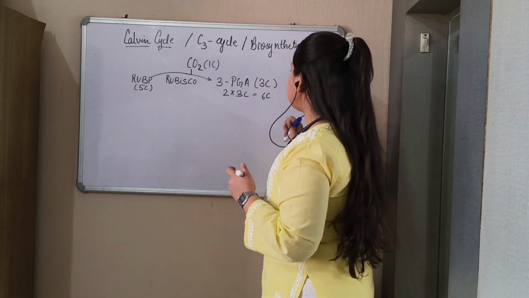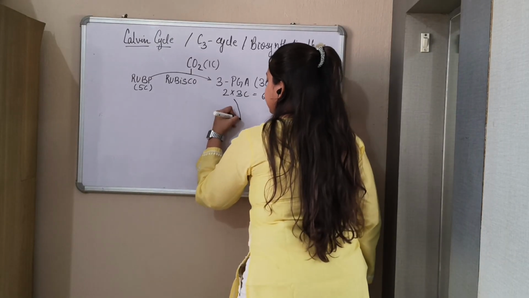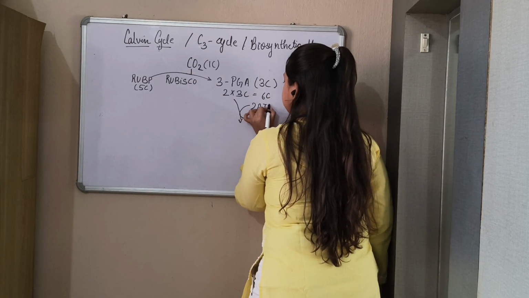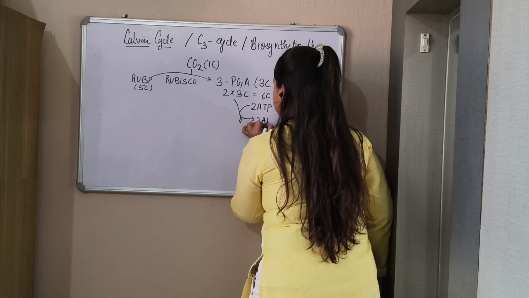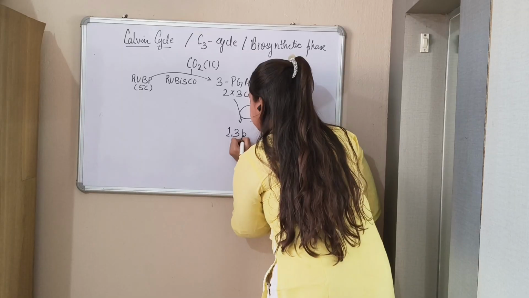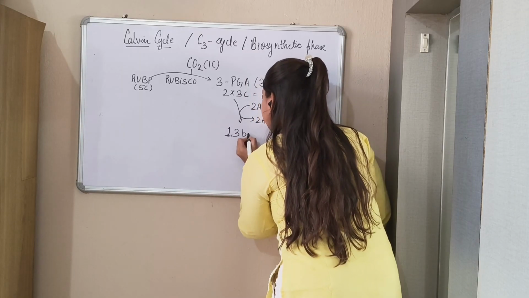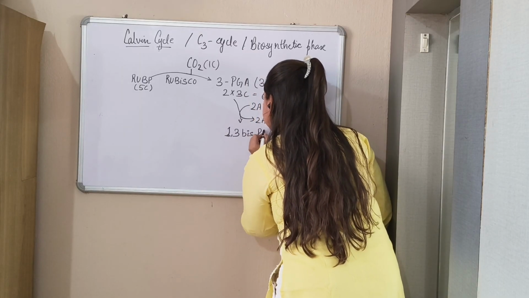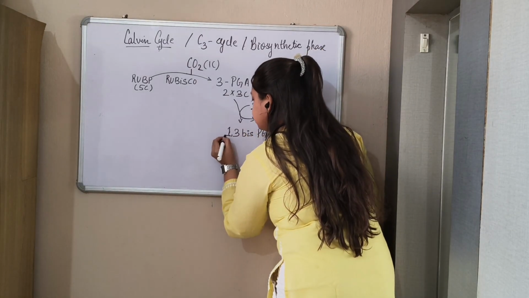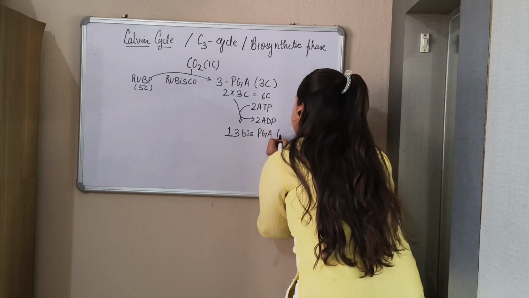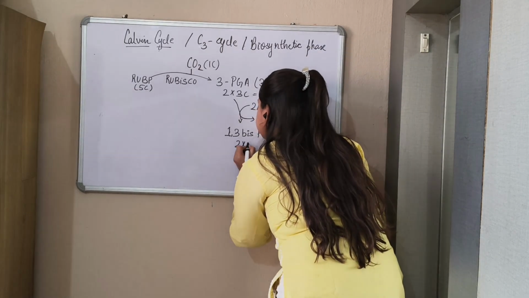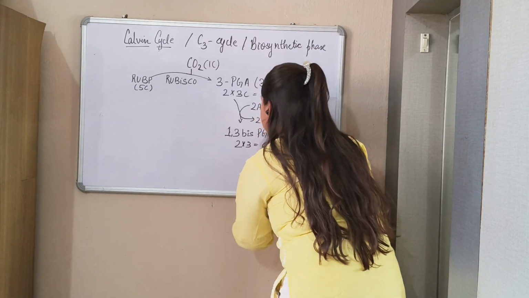Now, the 3-phosphoglyceric acid that is formed will utilize two ATP molecules to form 1,3 bisphosphoglyceric acid. Again, this is a 3 carbon compound, two molecules of 1,3 bisphosphoglyceric acid, so this is again 6 carbon.